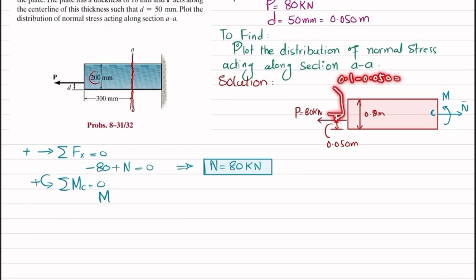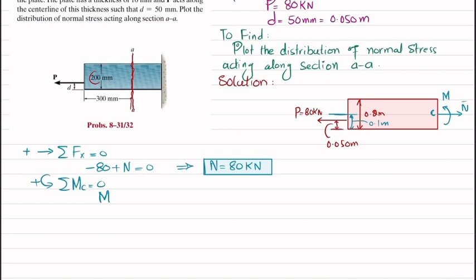0.050, which is equal to 0.050. Okay. So let me write it. Distance from this till this is 0.1 meter, and the distance is 50 millimeter.